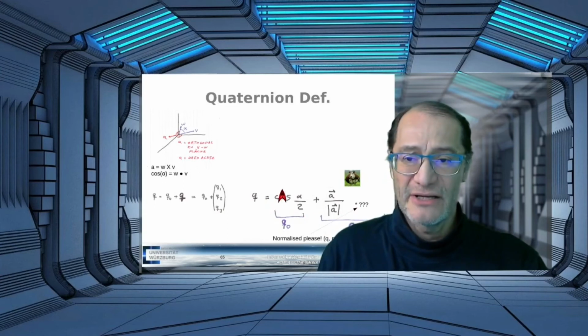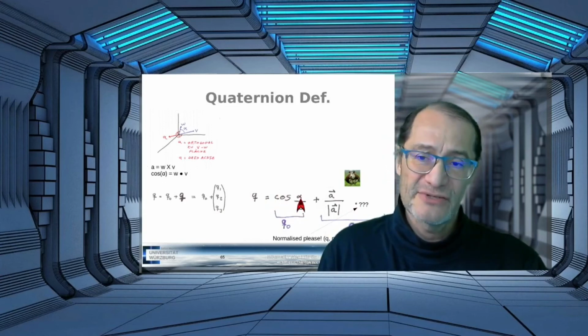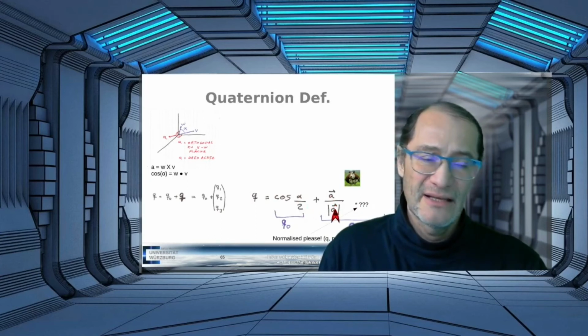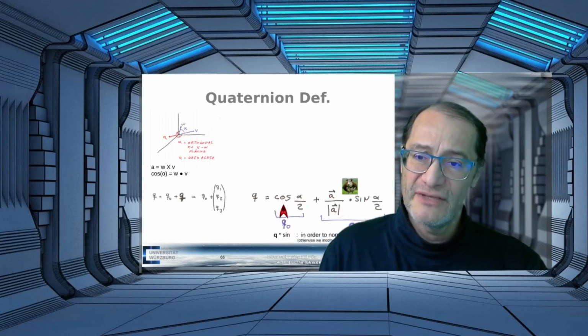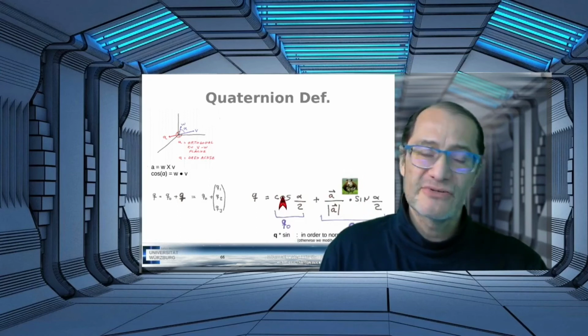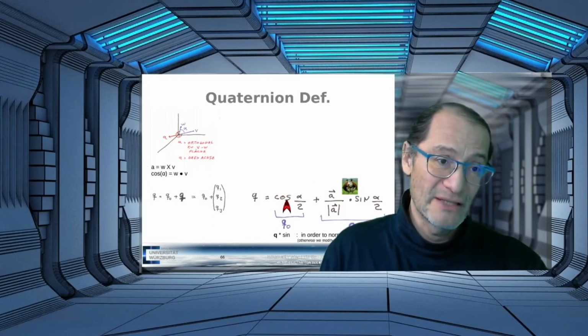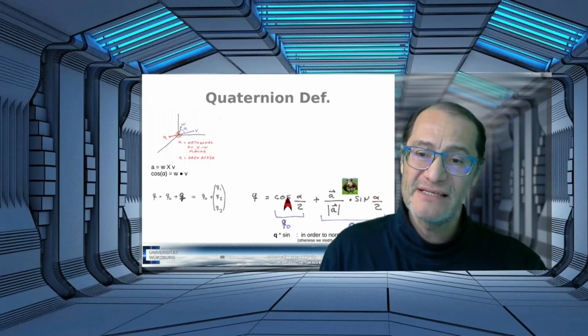This is the quaternion: the scalar part, the cosinus of half angle, and the normalized rotation axis times sinus of this. So, do you remember, sinus square plus cosinus square is 1. So the length of this will be 1 because the length of this is 1, too.